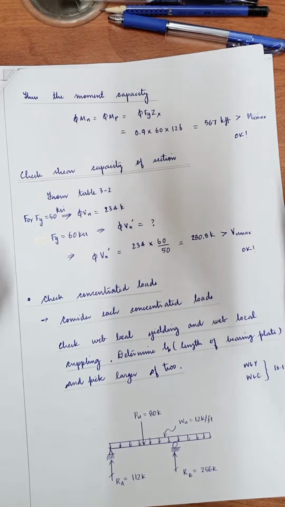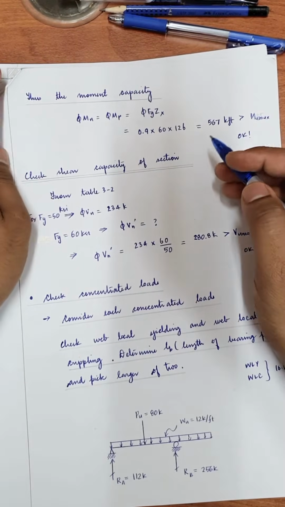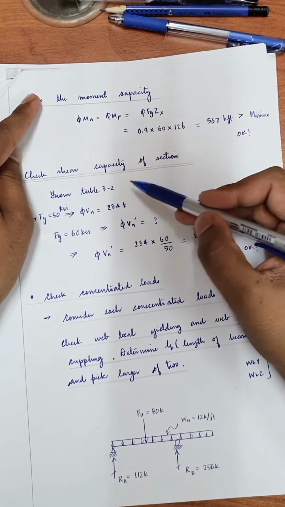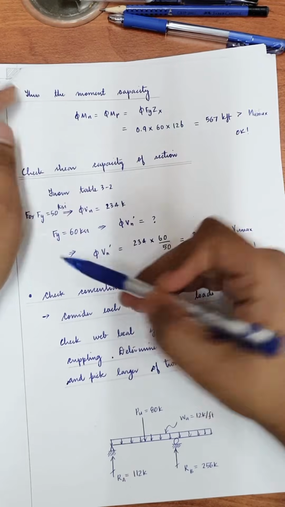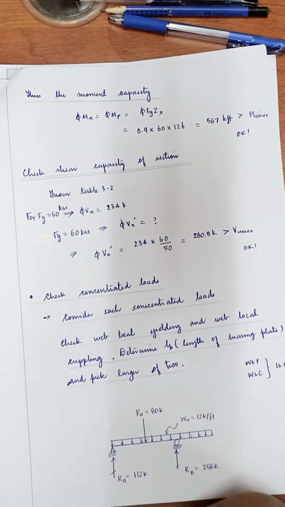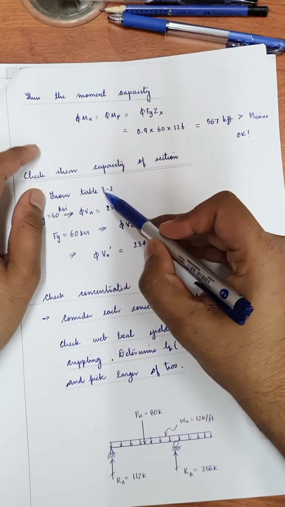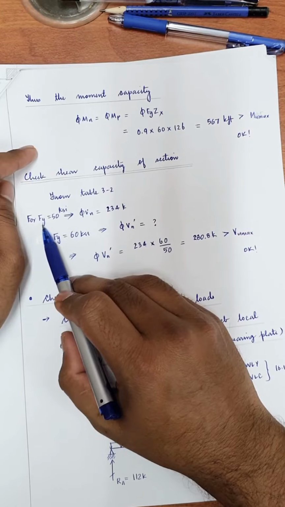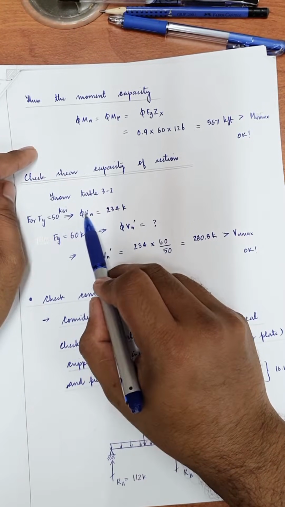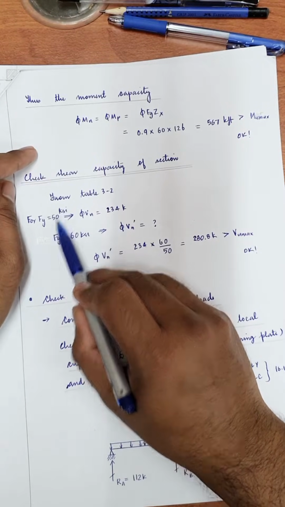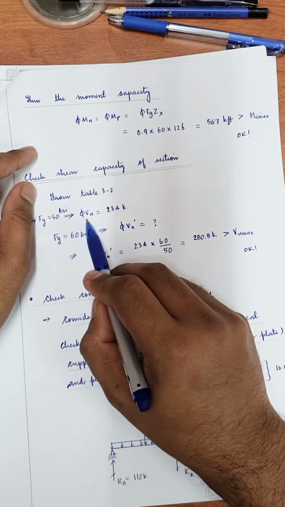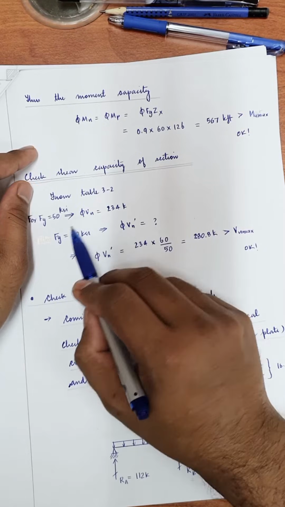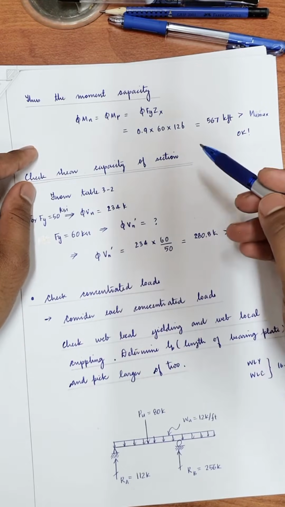Now you need to check for shear. To check for shear, again we go into table 3.2, which lists the value of phi Vn for different sections. But the table has listed the value of phi Vn for 50 ksi. So to find the phi Vn value corresponding to 60 ksi, we need to use this technique and cross multiply.